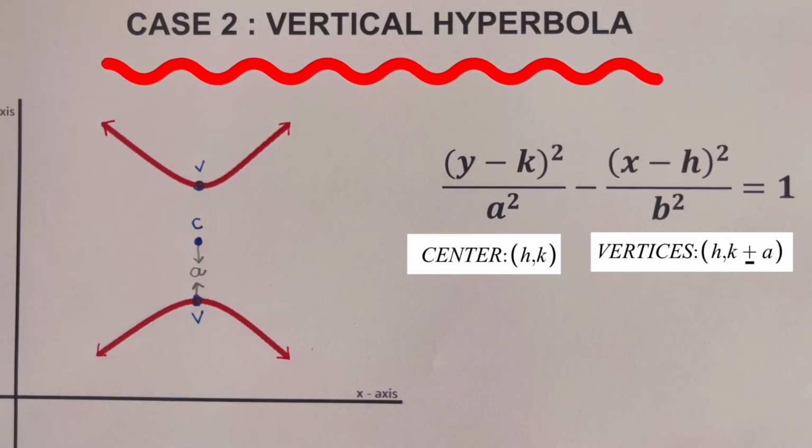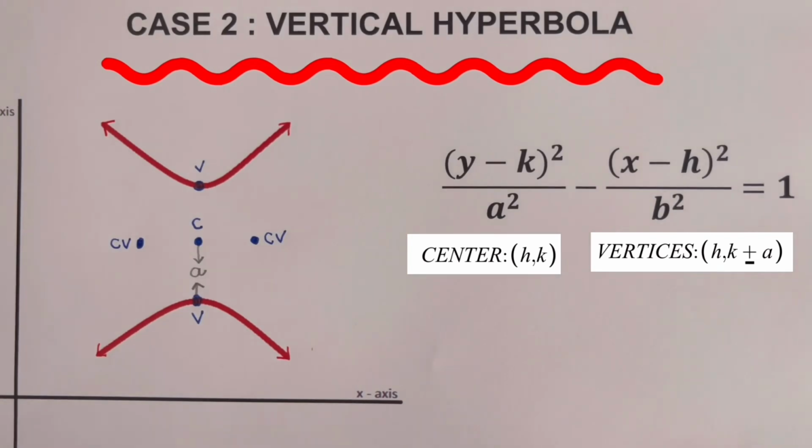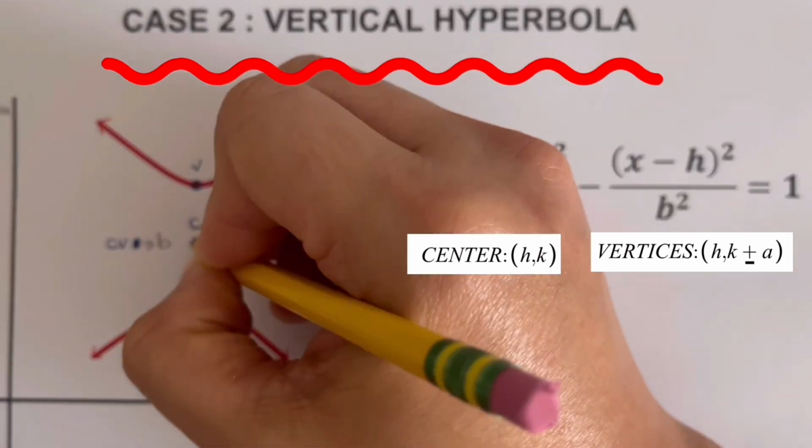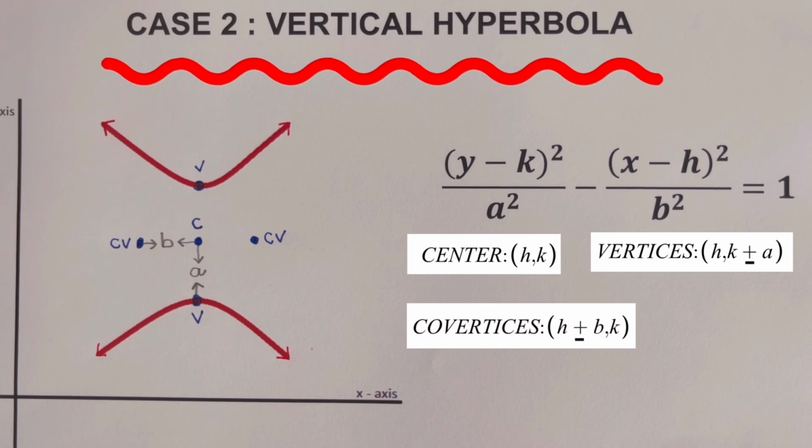We also have two co-vertices for a vertical hyperbola. These are the two co-vertices, and the distance from the center to the co-vertex is b. And the coordinates of the two co-vertices would be (h plus or minus b, k).